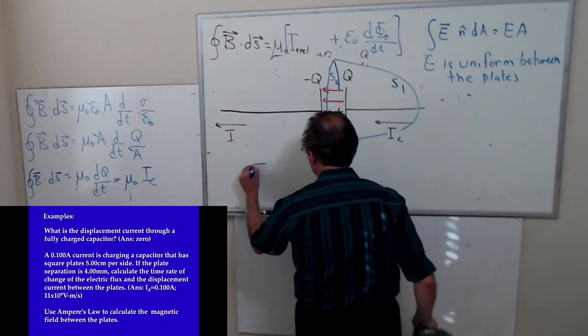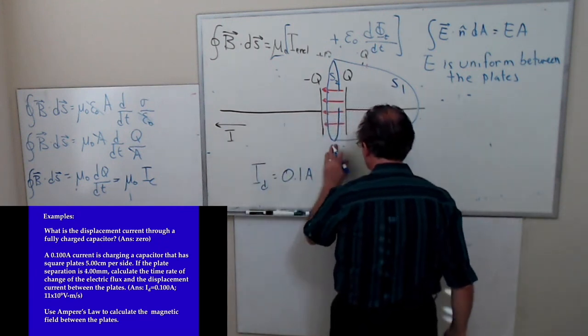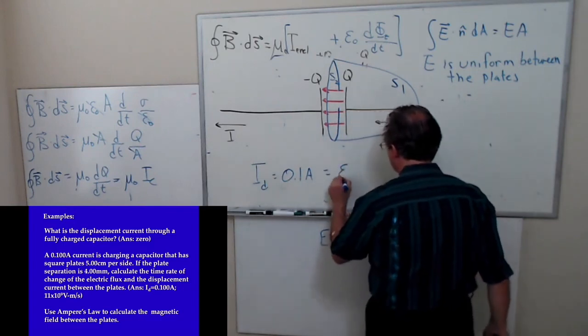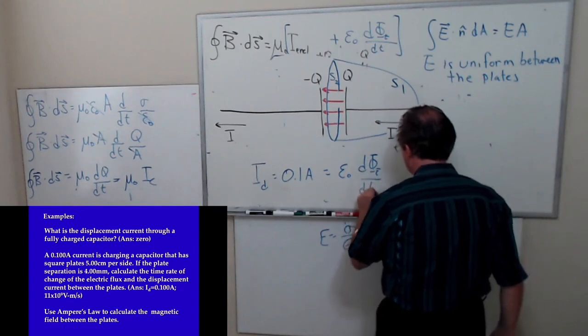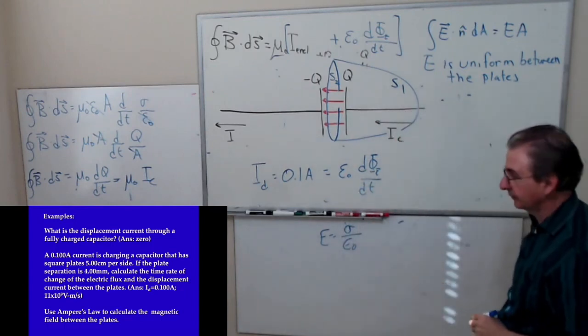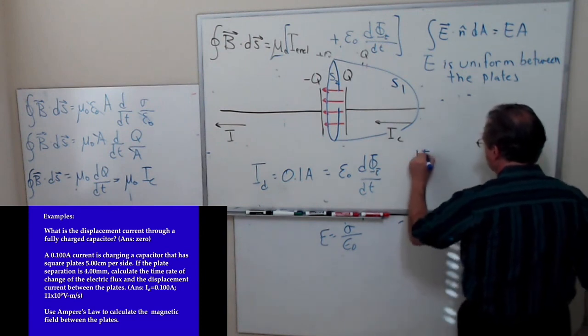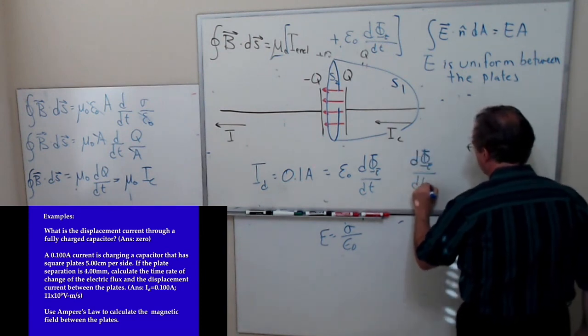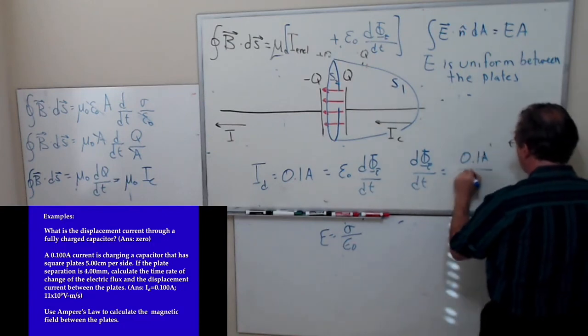Well, if I sub d is 0.1 amp and it's equal to epsilon naught d phi sub e over dt, then isn't it true that d phi sub e over dt is 0.1 amps over epsilon naught?